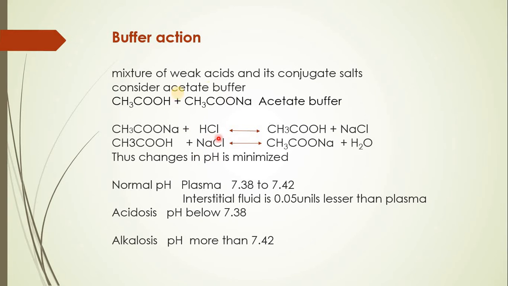Now, why are we understanding this buffer? We are correlating it with the situation in our body, that is in the living system. You know that the living system is made up of the fluid connective tissue, that is blood, and the various different tissues in the body are flooded with interstitial fluid. Hence, the bodily fluids, that is blood as well as interstitial fluid, their pH needs to be maintained, or there has to be homeostasis.